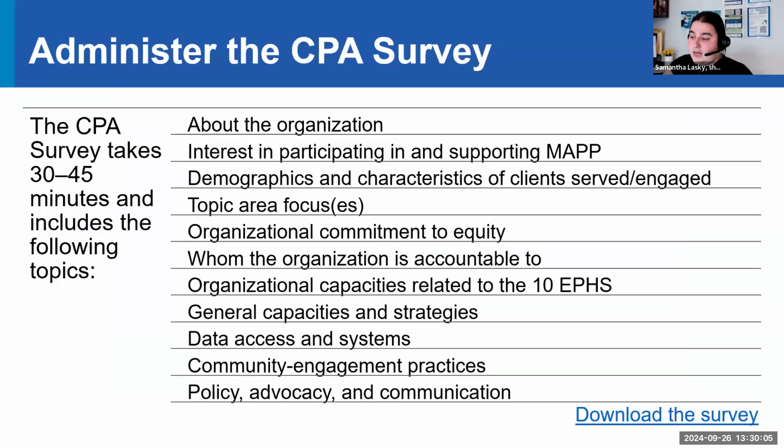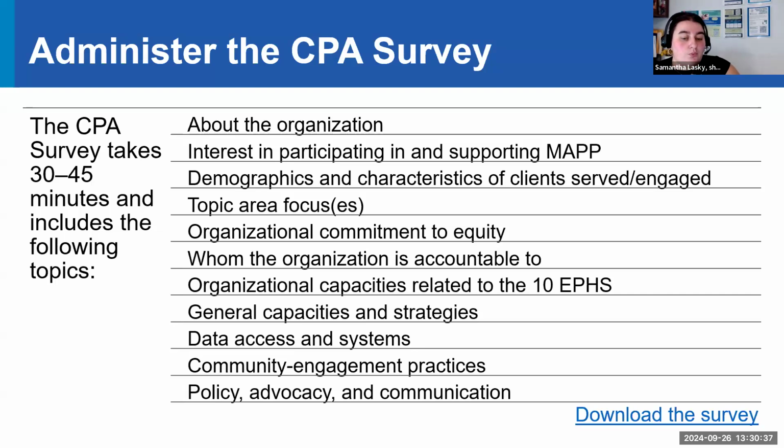So, part of the assessment is the CPA survey, which is helping you to understand a partner organization's capacity and interest. Each CPA partner organization should only submit one completed survey to the person who's collecting the survey data. If multiple individuals from the same organization want to take the survey, it's advised to have them either identify one person, meet as a group and discuss it, or download the survey and have them take it individually.